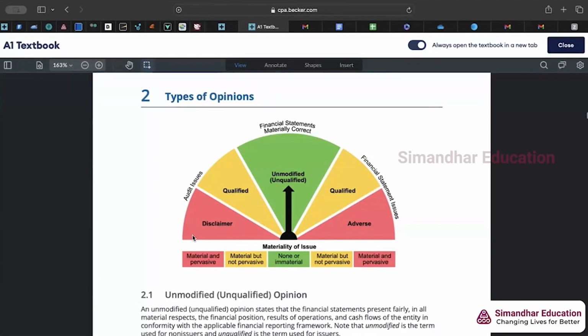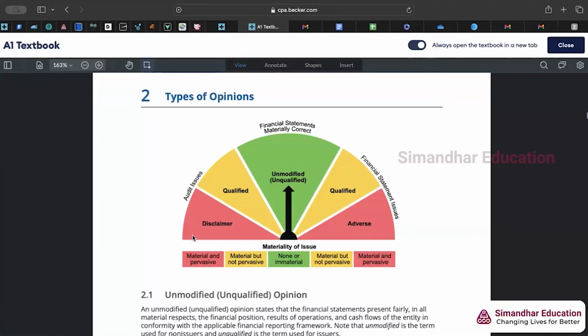It is material. It is impacting only my depreciation account and my fixed assets account. It is not impacting any other caption or element of my financial statements. So it is material but not pervasive.